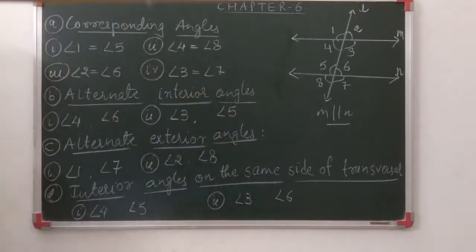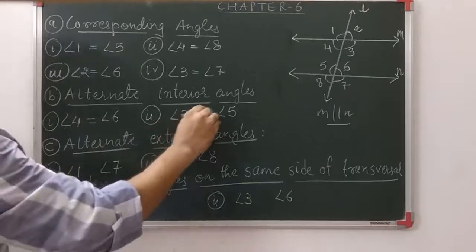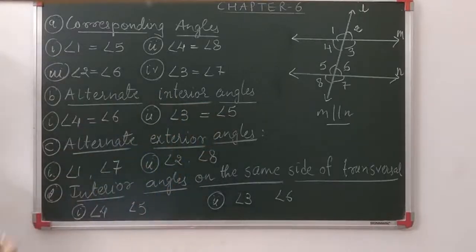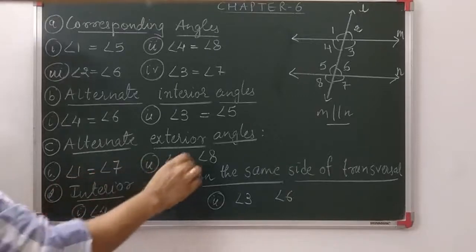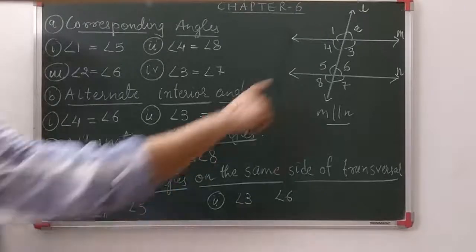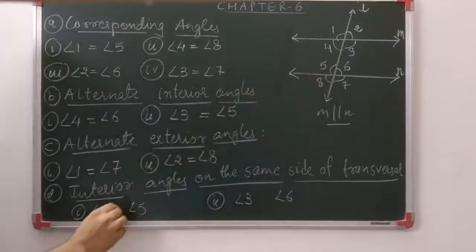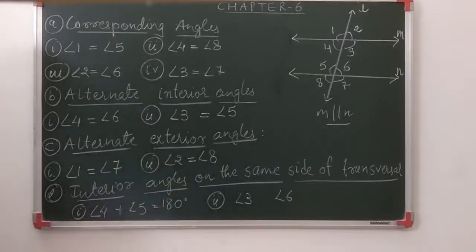Now let's see the pair of alternate interior angles. They are also equal. In the same way, a pair of alternate exterior angles, they are also equal. And the last one, the pair of interior angles on the same side of the transversal, that is 4 and 5. So we should remember these must be supplementary angles.